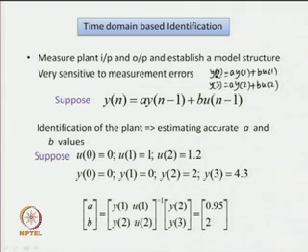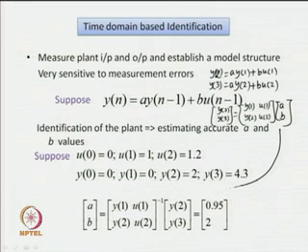Collecting the terms in matrix form, we get the vector [y(2) y(3)] equal to the matrix [y(1) u(1); y(2) u(2)] times the vector [A B].